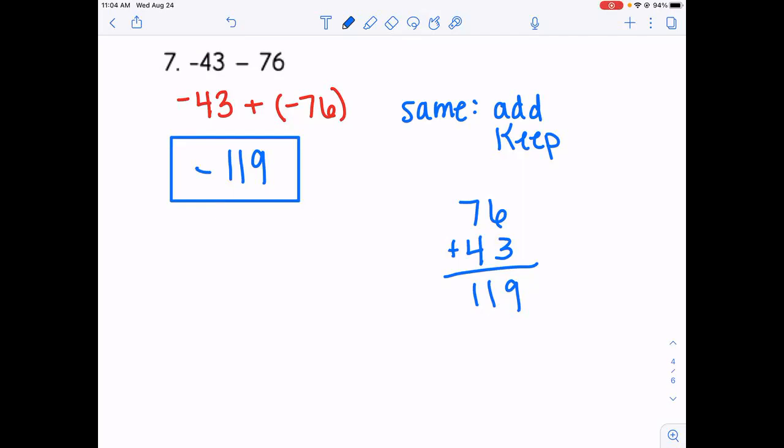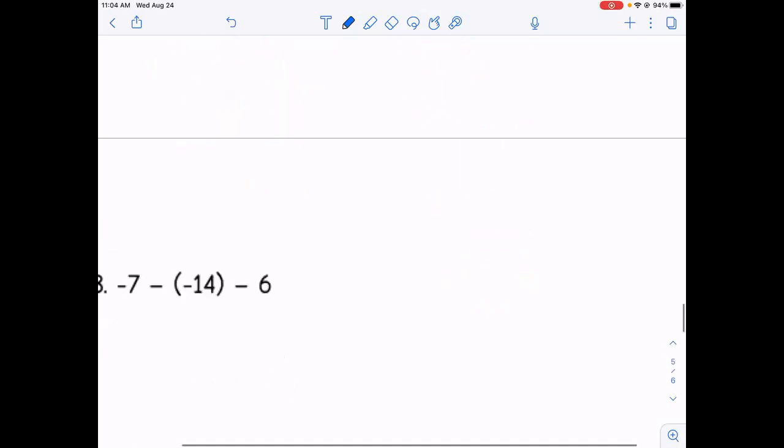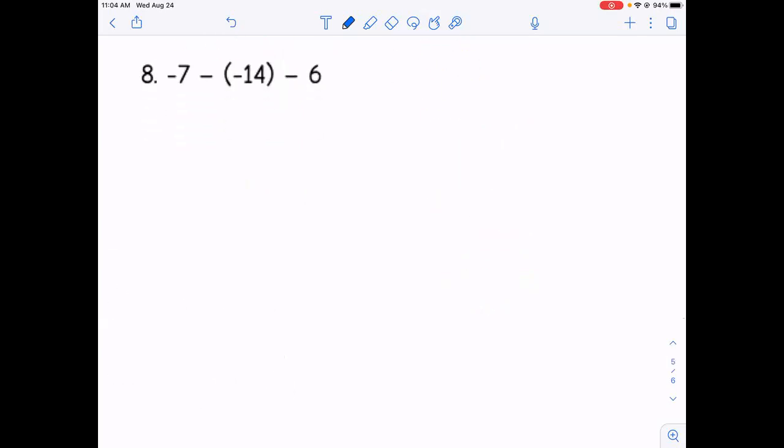The next one's confusing? Yeah. All right, we better do it together. Number 8. Oh my goodness. We're going to be okay. So we're subtracting 3 numbers. So let's just do one thing at a time. Let's focus right now on -7 minus -14. All right, let's do our keep, change, change for this one.